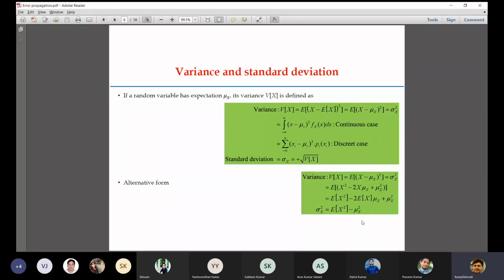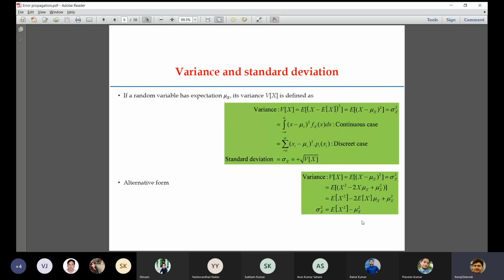So expectation of x is mu x. Please remember, expectation of x is mu x, but expectation of x square is a different terminology. We do not have any such assumption or notation for it, so that remains as it is.